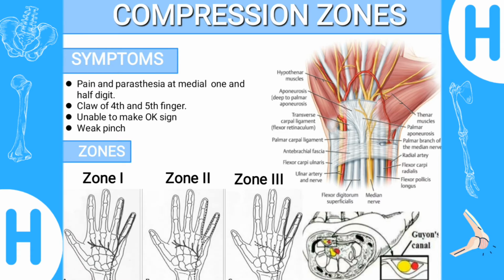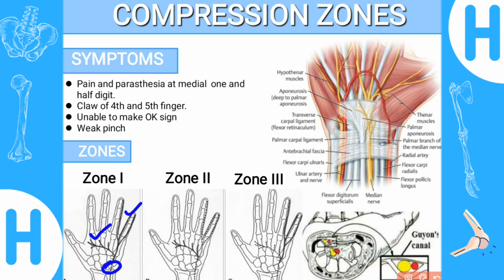In zone 1, as you can see in the pic, the ulnar nerve at the proximal bifurcation near the hook of hamate is entrapped, so it can cause both motor and superficial paresthesia at the hand.